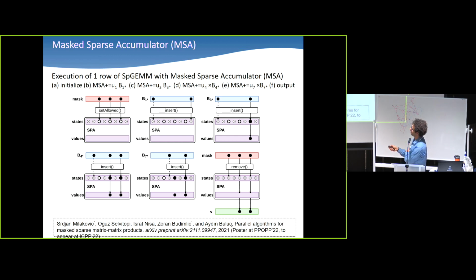And then this way, as soon as you see a scalar Aij, Bjk happening, you can check whether it makes sense to do it in the first place. And if it's not, then you will skip it because it's not allowed. And you can very efficiently set non-zeros to be allowed and basically clear it for the next column.